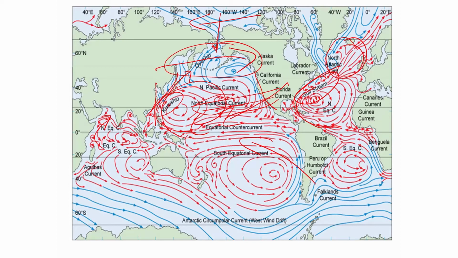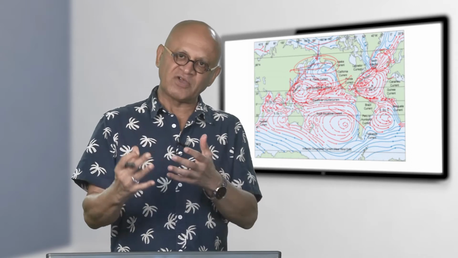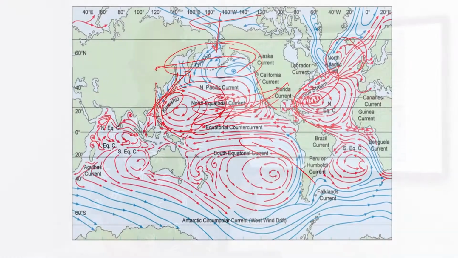Whether they are blowing this way or this way, they start putting energy and they are blocked by the coast on the other side. So the amount of energy that can go in is only about 2 to 5%. So all the waves you see at the beaches are, in fact, an integration of all the energy that's being put in. So you can imagine that since this is a bigger ocean, more energy is going into the ocean. So actually the waves and the surf will be stronger on this side.